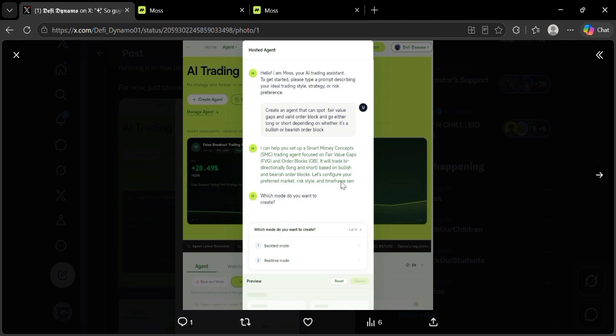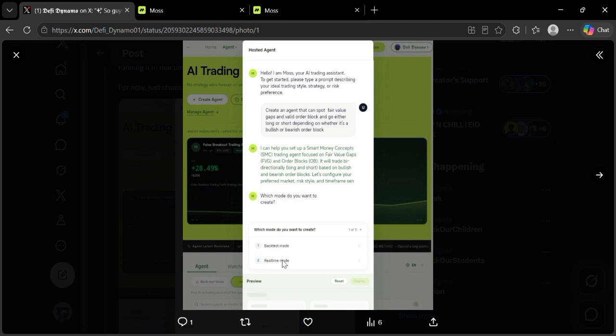After that, it asks me if I want to backtest the model first before I go real time. I just chose real time, because this is still the testnet phase.